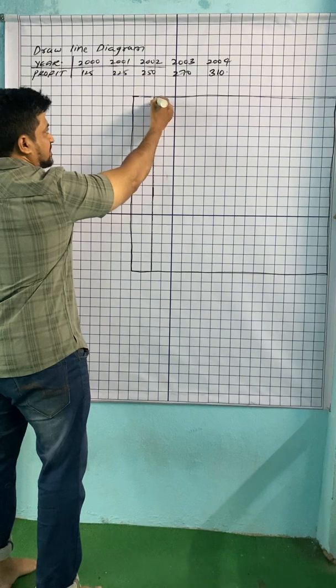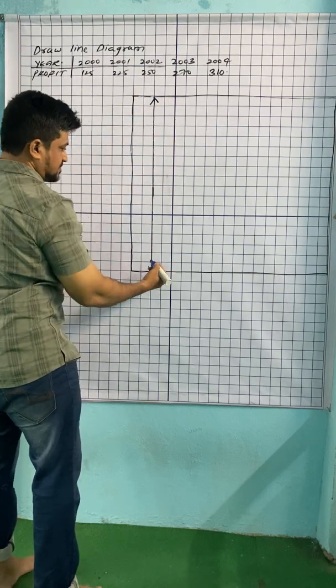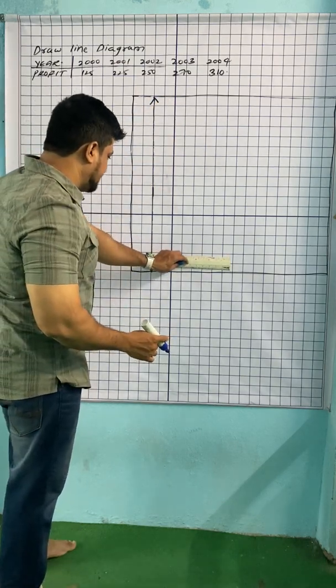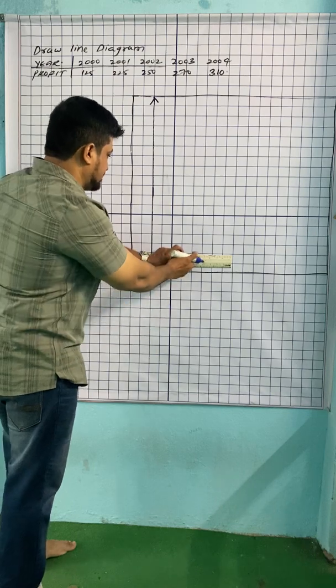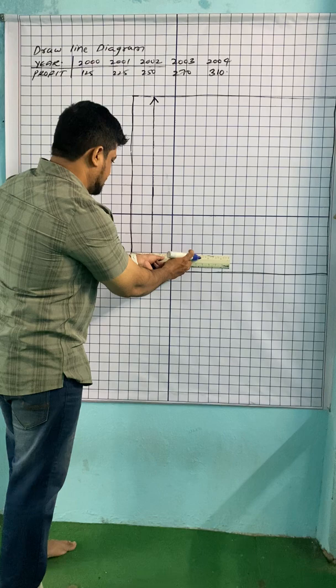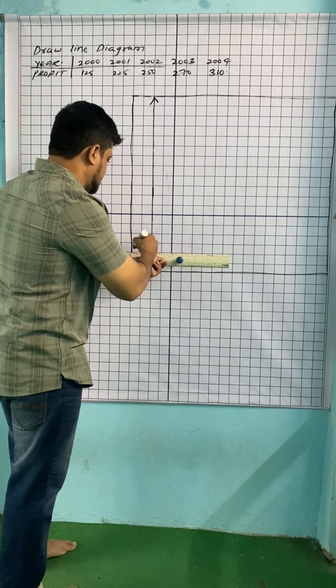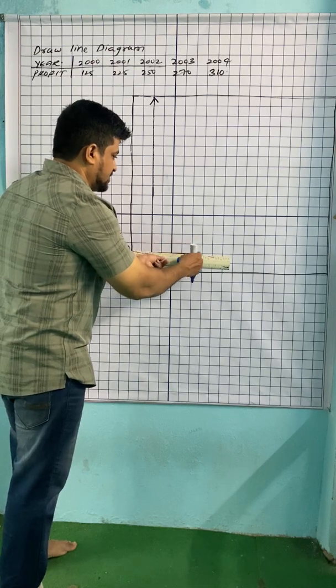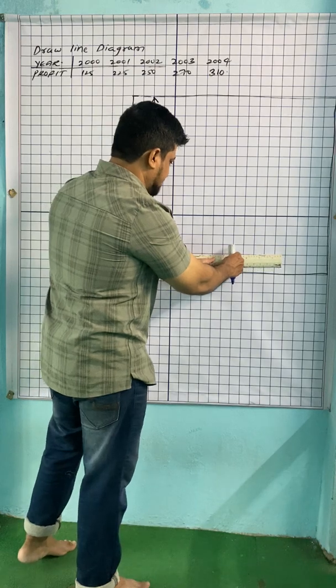Take an arrow mark here. Then leave 2 lines from downwards, whatever graph sheet is there.